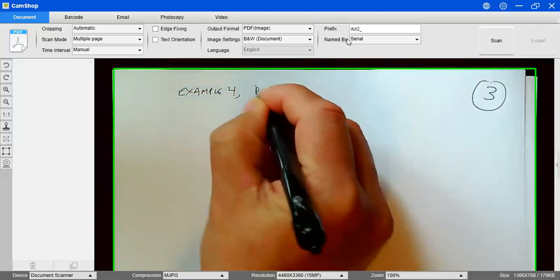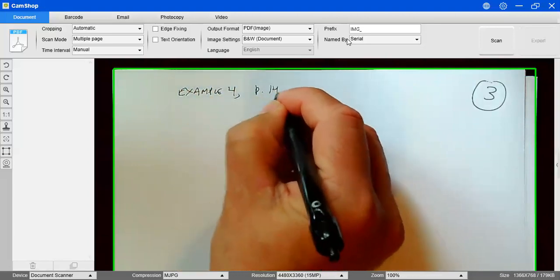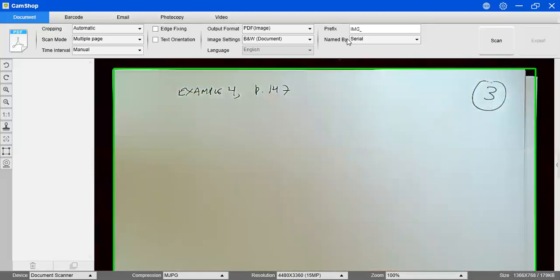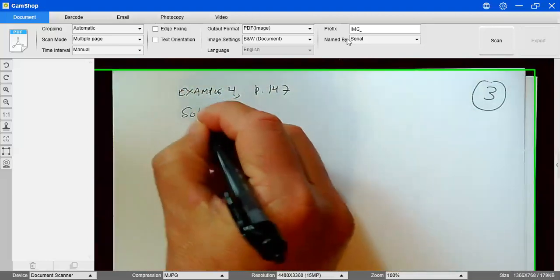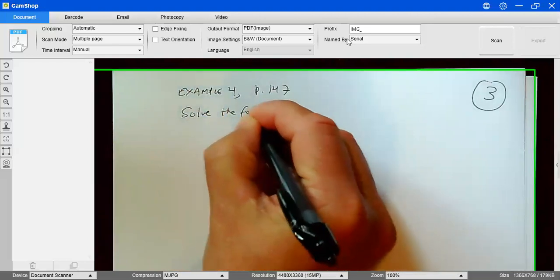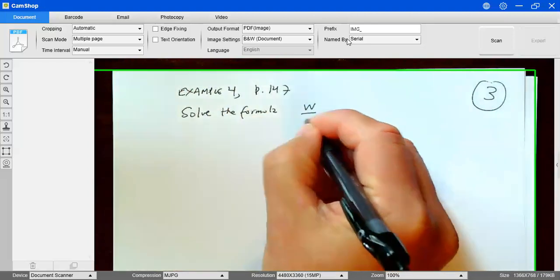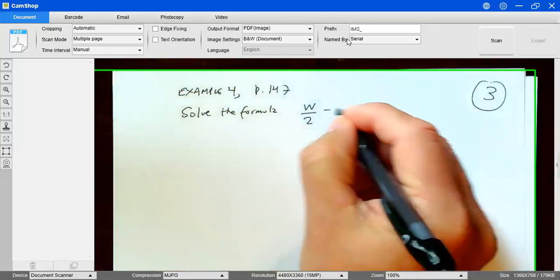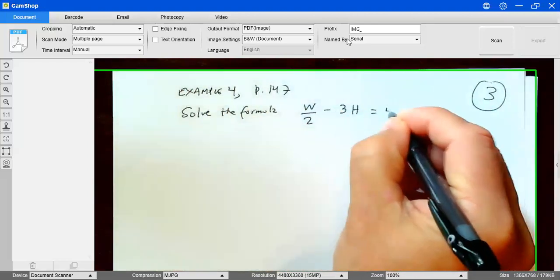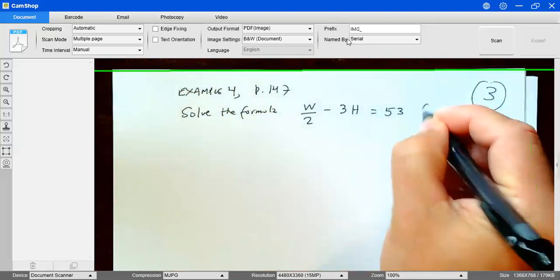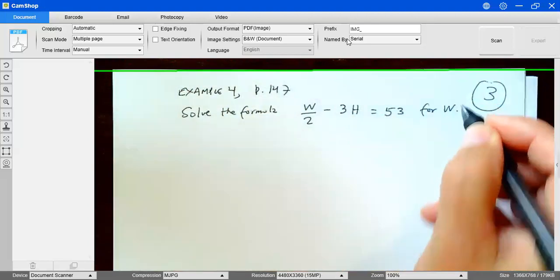Example 4 is also on page 147, and the directions are solve the formula W over 2 minus 3H equals 53. We're going to solve this formula for W.